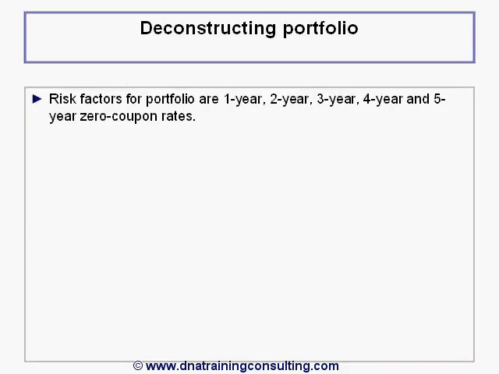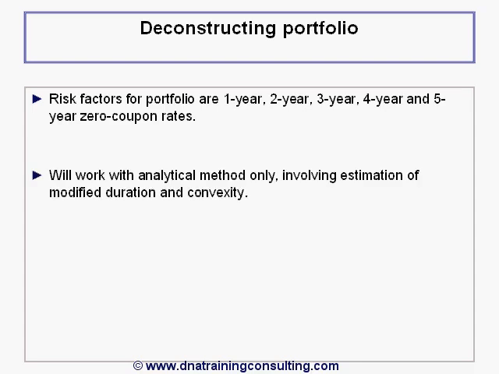You should readily appreciate that the risk factors for this portfolio are once again the 1-year, 2-year, 3-year, 4-year, and 5-year zero coupon rates. For our present discussion, we will work with the analytical method only, involving the estimation of modified duration and convexity.